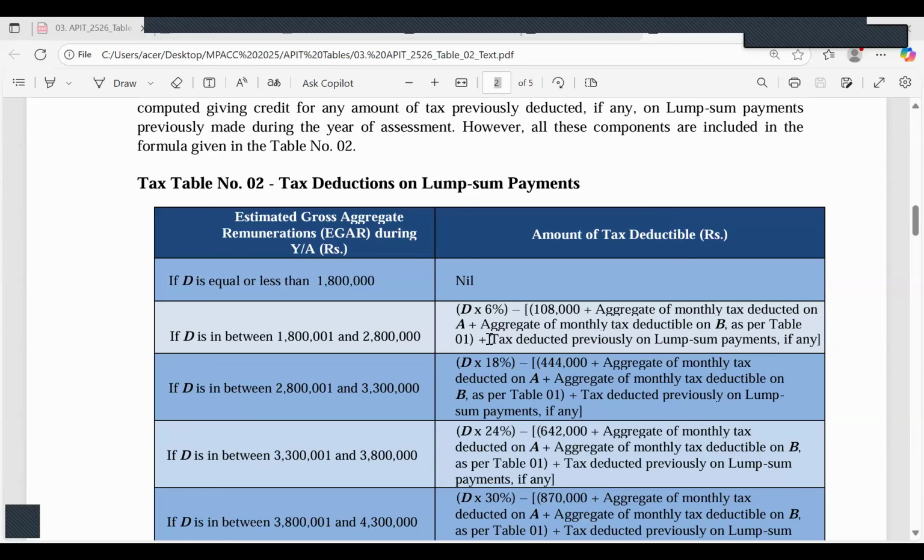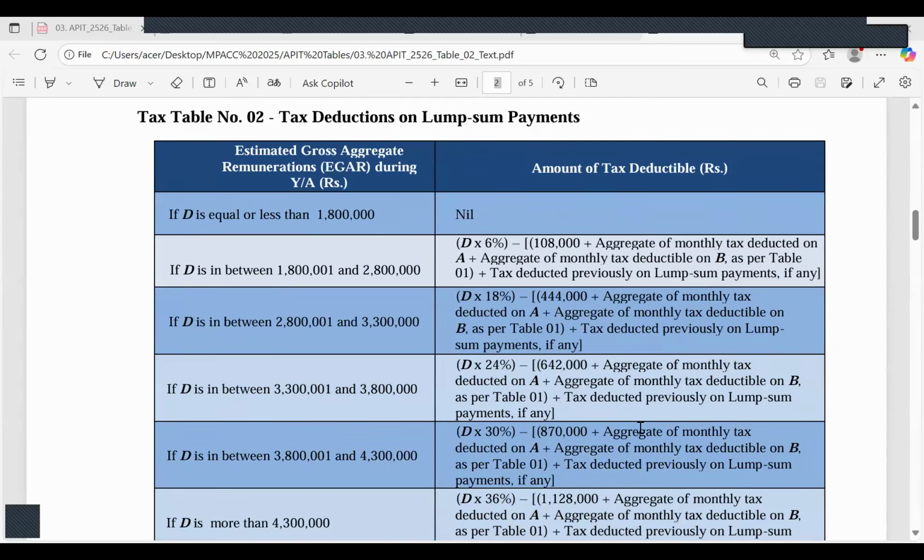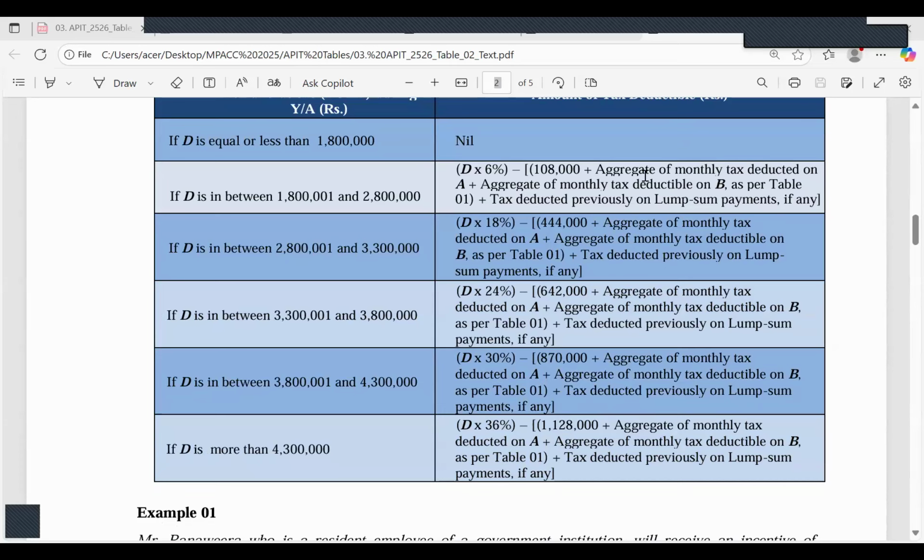As per table 1. Monthly remuneration already paid, monthly remuneration payable. So we know the values. So for that values, what is the taxes to be paid? That amount should be deducted. In addition to that, tax deducted previously on lump sum payment.